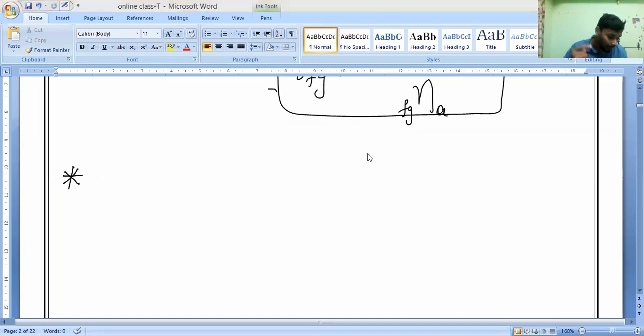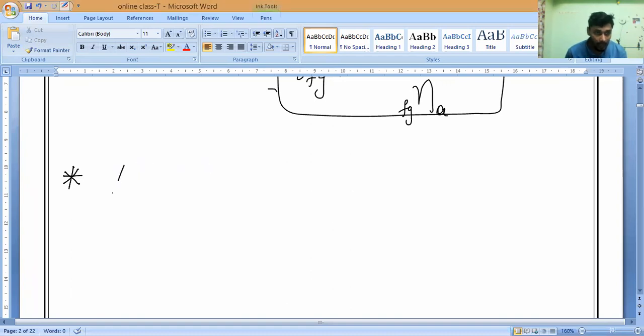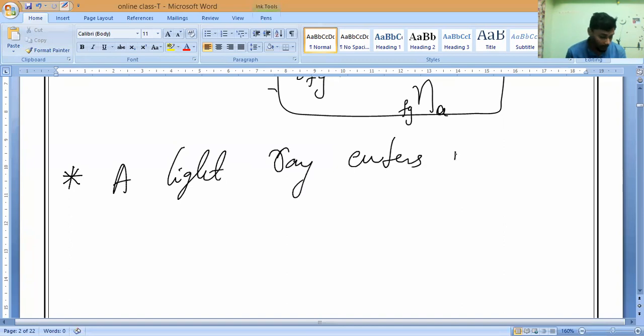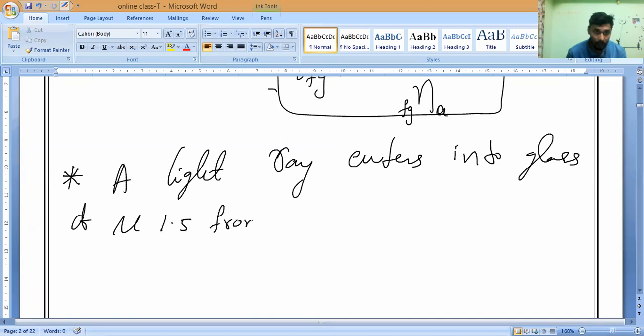First question. A light ray enters into glass of refractive index 1.5 from air. 1.5 from air, what do you mean by this, guys?